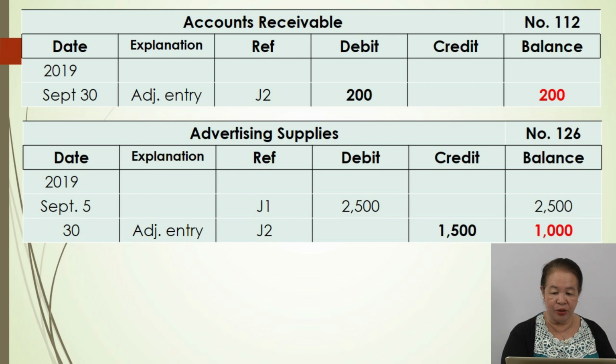Okay, so advertising supplies, we have debit 2,500 and then nag-adjusting entries tayo ng credit 1,500 para bawasan natin yung 2,500 na supplies dahil nagamit na yung 1,500, so our ending balance is 1,000. And then we have the prepaid insurance. So ano ba yung prepaid insurance natin? 600 yan, debit.